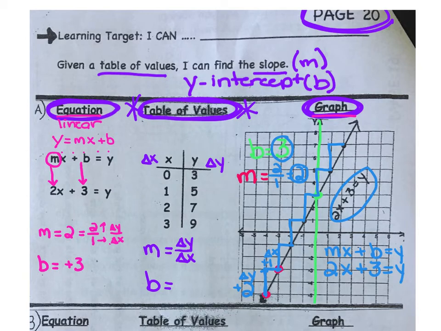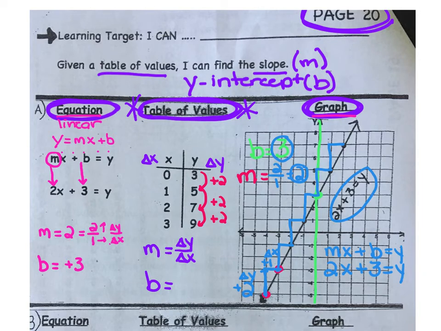Let's start with the slope. Please make sure you're taking down all these notes on your paper. When it comes to the slope, we see that our change in y is plus 2. Again, a gain of 2. And from 7 to 9, a gain of 2.